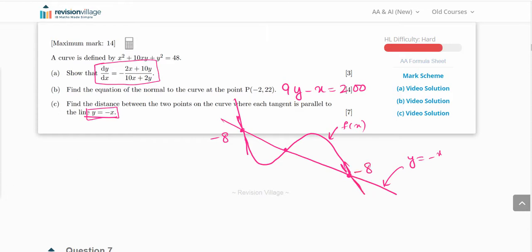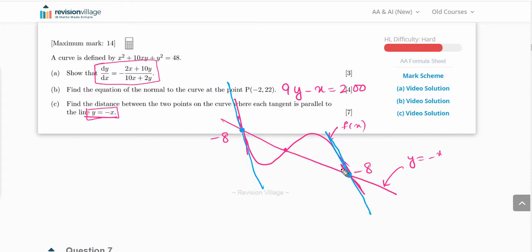So what they are asking is to find out the distance between these 2 points where the gradients are same. When the gradients are same, it means that the tangents will be parallel. So at this point, this is the tangent, and at this point this will be the tangent.